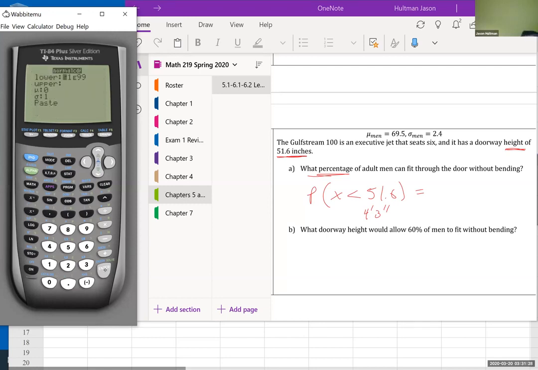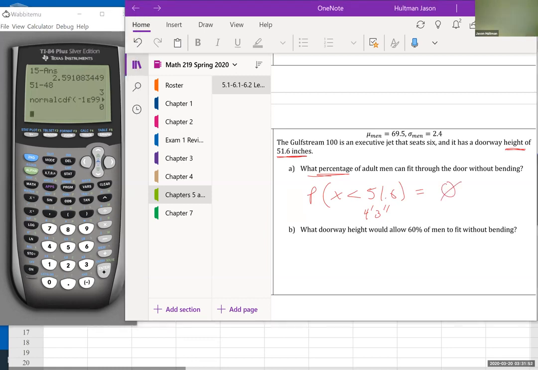Of everything less than 51.6, so that's negative 1 E99. And then 51.6, the mean is 69.5, and the standard deviation is 2.4. And it basically says it's 0, essentially 0. It would be such a small percentage that it's essentially 0.